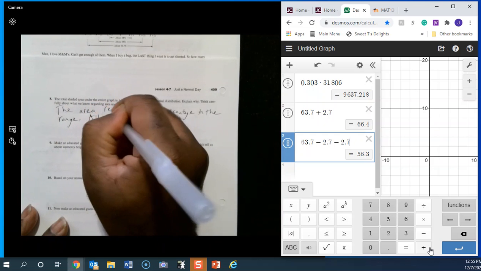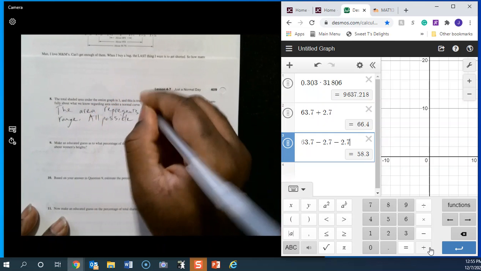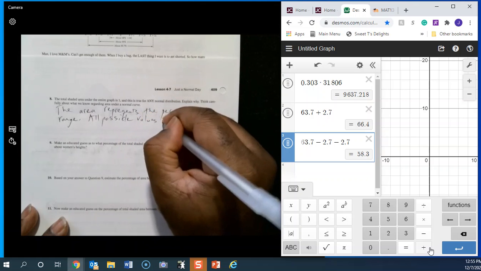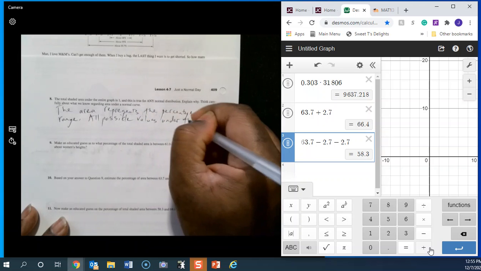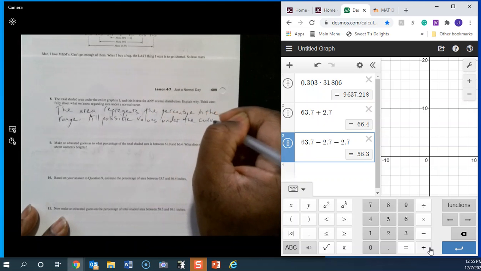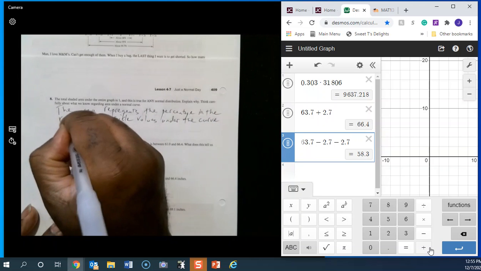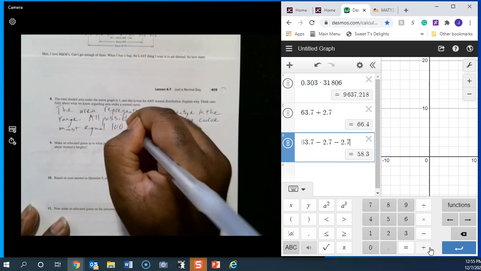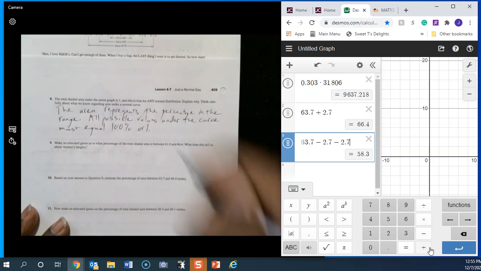All possible values under the curve must equal 100% or 1.